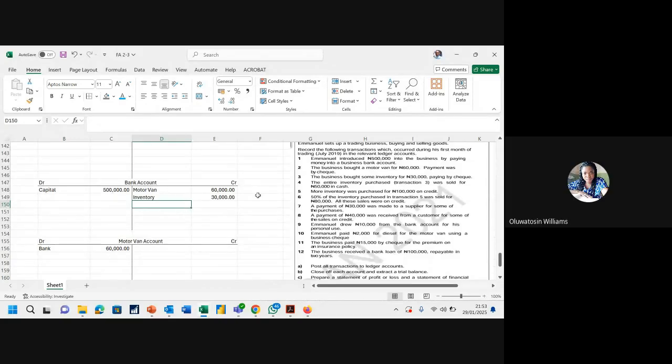It means sales were made. So we'll debit this 50,000 naira cash under inventory.